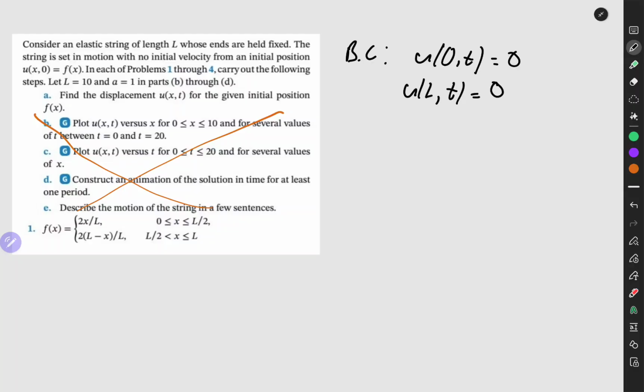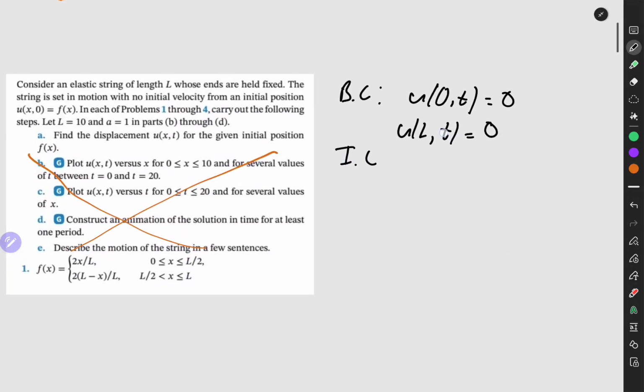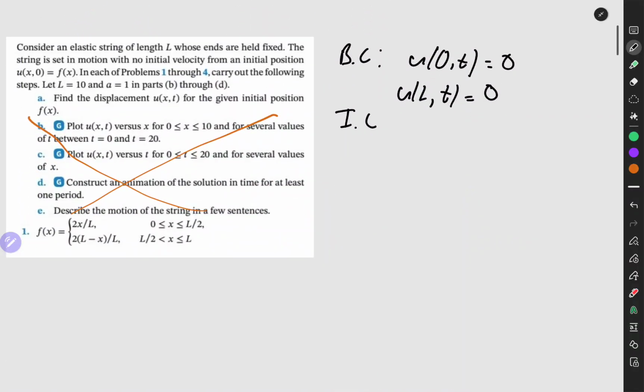Oh, it says it right here, displacement from the given initial position. So our initial condition was right there, f of x, which is u of x, 0 is equal to that right there.